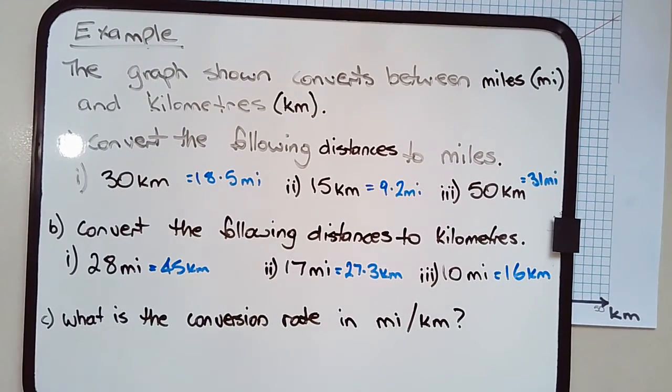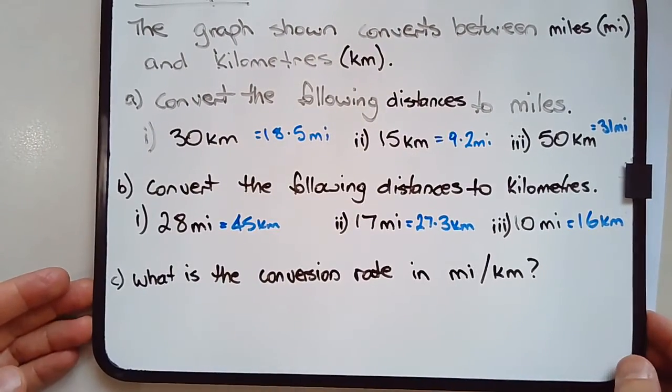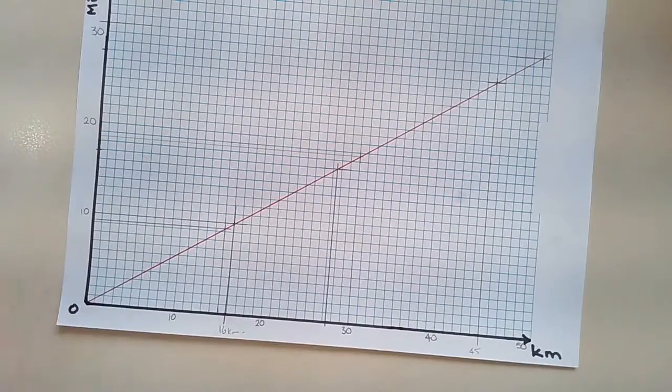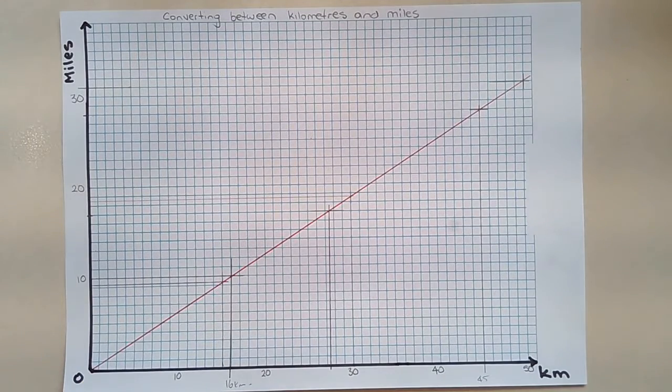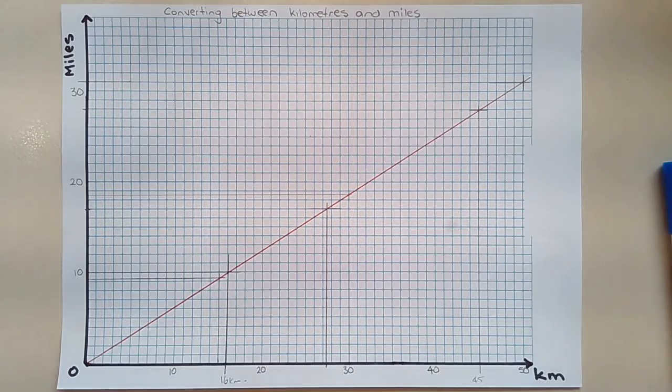Our last part, C: what is the conversion rate in miles per kilometer? So we can use our conversion chart for this. What this really is asking for is something related to the gradient of the line somehow. So we pick a very convenient point.